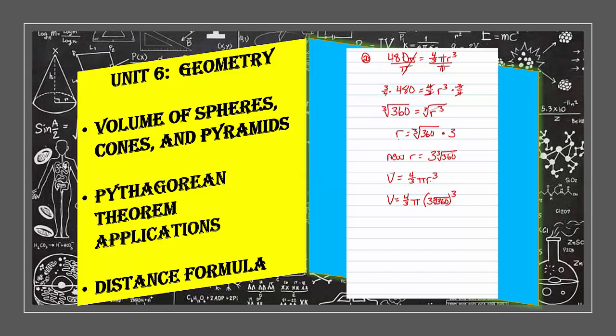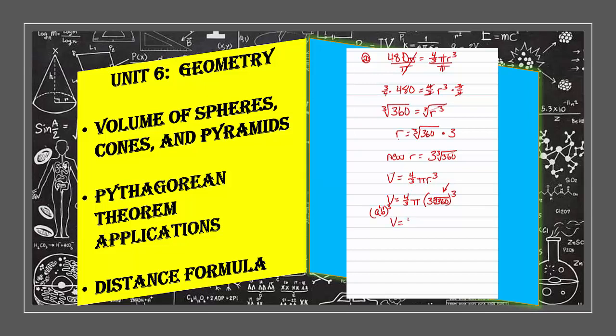Now we should remember back from Unit 5 that if I have a times b raised to the third power, that's the same as saying a to the first power times b to the first power raised to the third power. And our power of powers rule will end up multiplying those two powers together, and we're left with a to the third power times b to the third power. And so that's what's going to happen here with this term inside the parentheses.